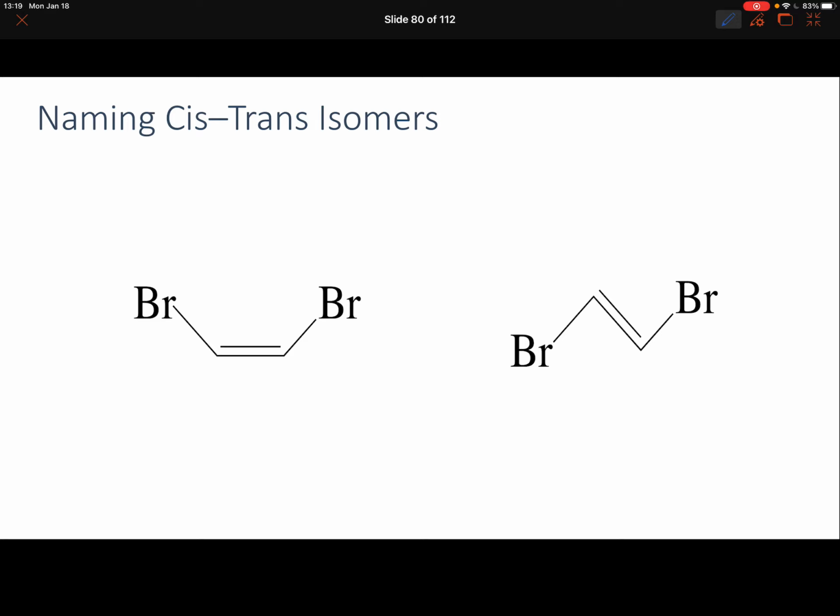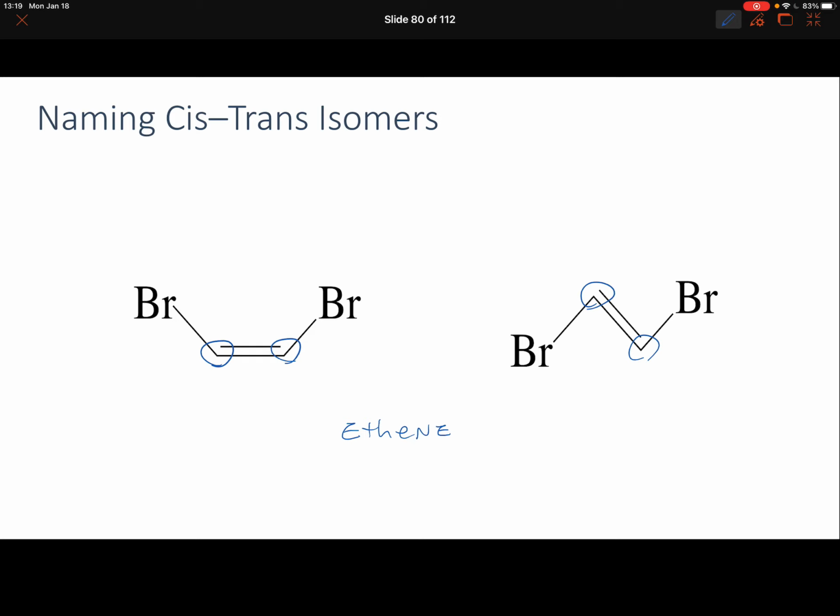So what would the names of these be? You still have to look for how many carbons you have. In this case, these are ethenes because it's a double bond. Do we have to say what number carbon these are on? There are only 2 carbons, and they're the only 2 that have the ability to double bond.